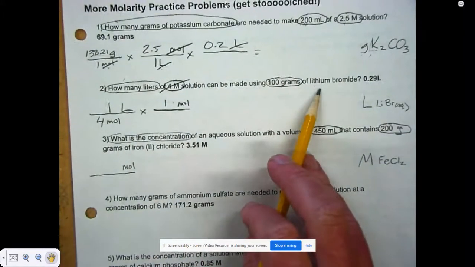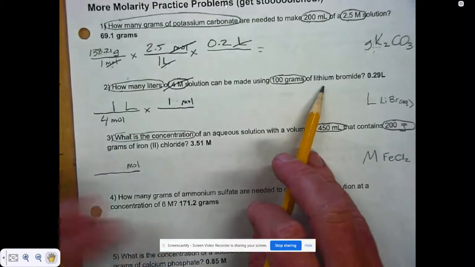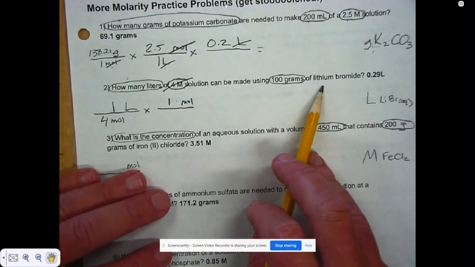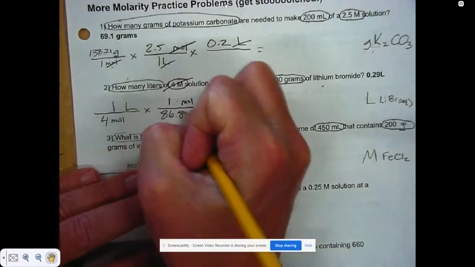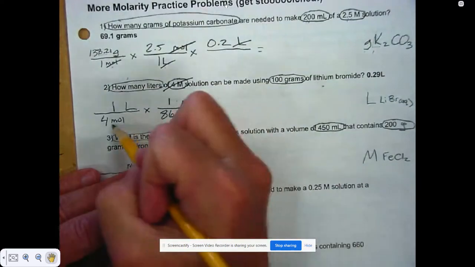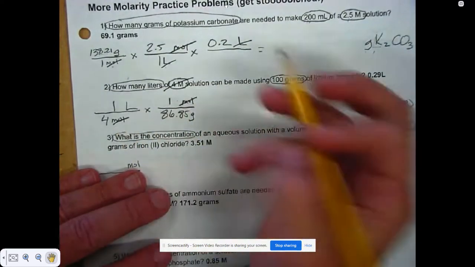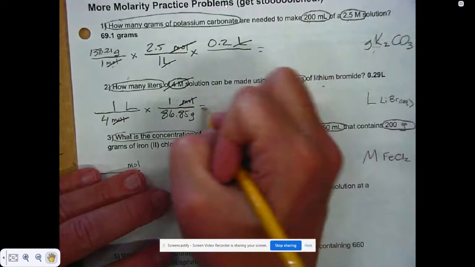And we're talking about lithium bromide. And lithium bromide, I just looked it up on Google, has a molar mass of 86.85 grams per 1 mole. So now moles is dead. I'm left with liters per gram if I stop here, but I'm not going to stop here.